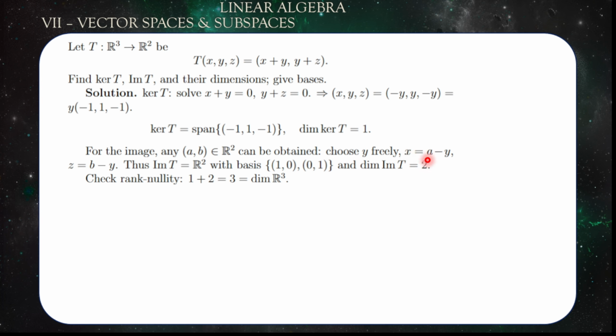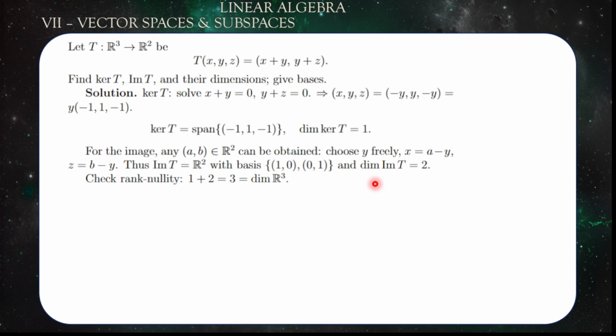You add to them an argument, and to z you add an argument, which is b minus y. Yeah, doesn't matter. So the basis is you have (1, 0), that's the first column, and (0, 1).